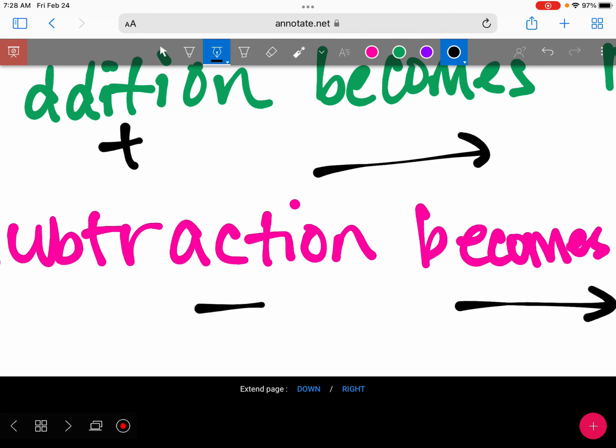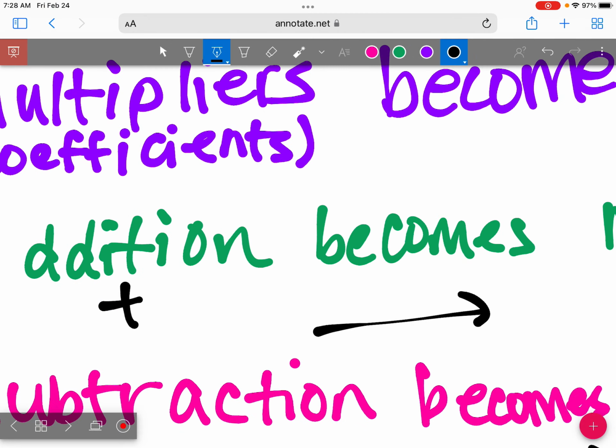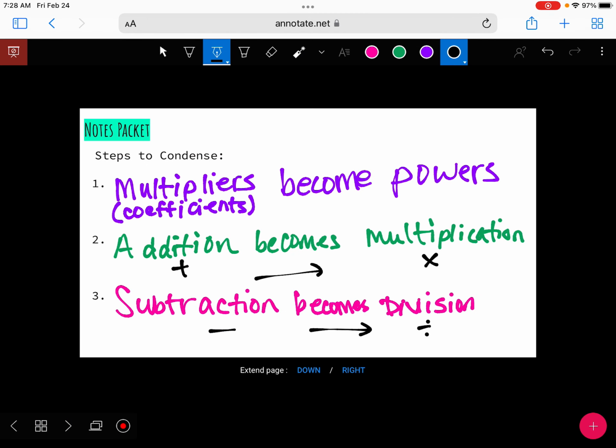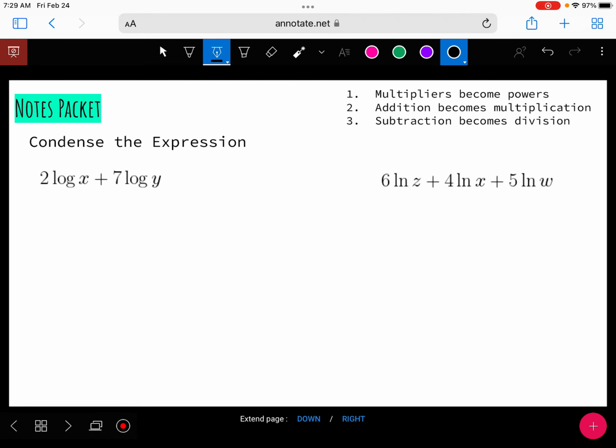Okay. All right. So we're gonna do some practice. So if you flip to the back page, am I okay to change slides? Flip to the back page of your notes packet. Cool. We're gonna be condensing, okay?